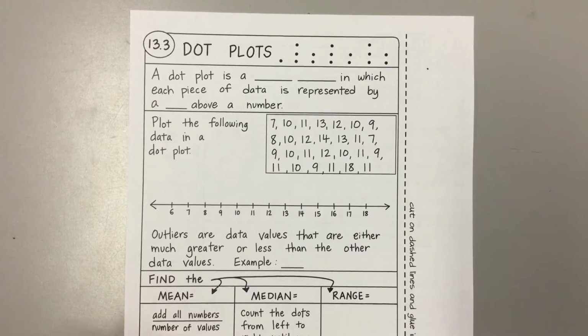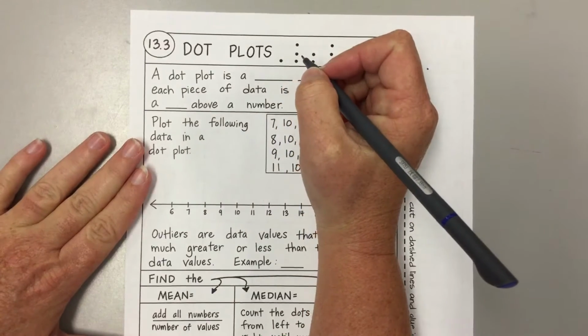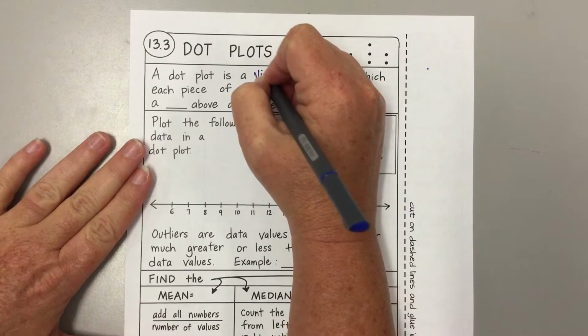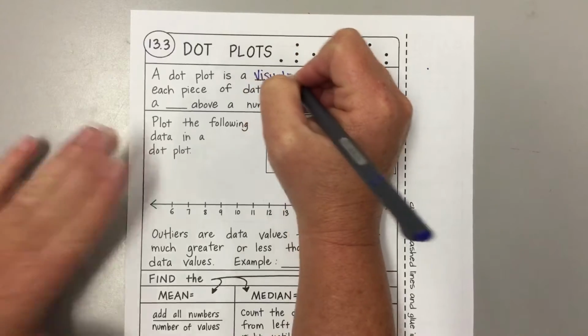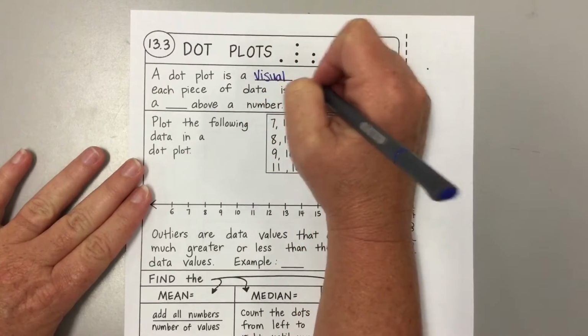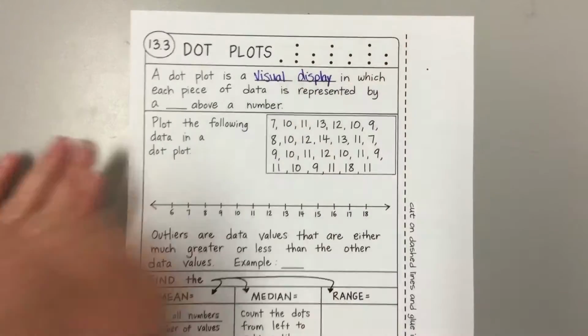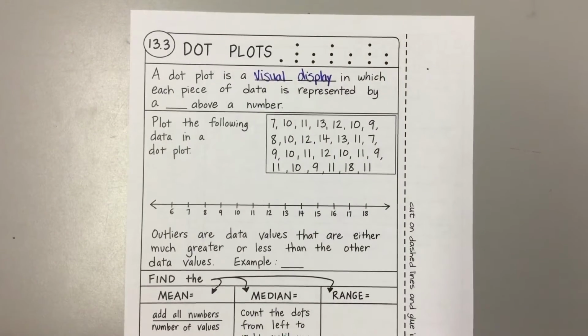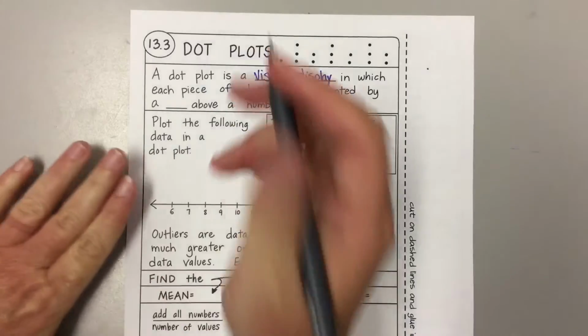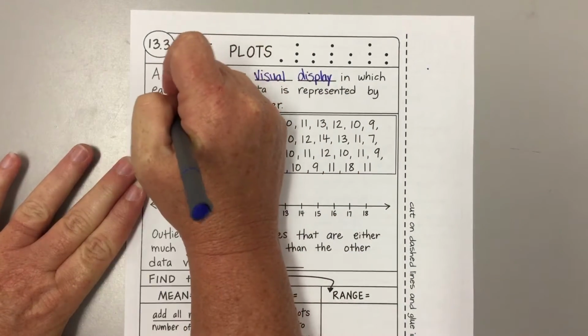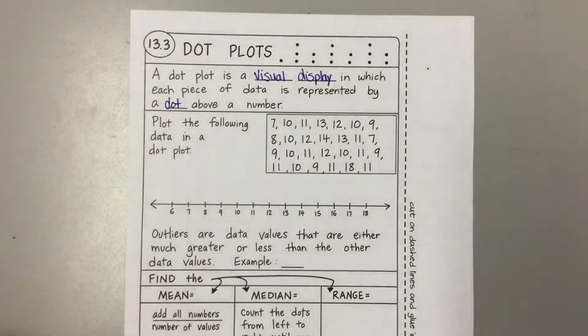So a dot plot is a visual, meaning seeing, display in which each piece of data is represented by a dot above a number.